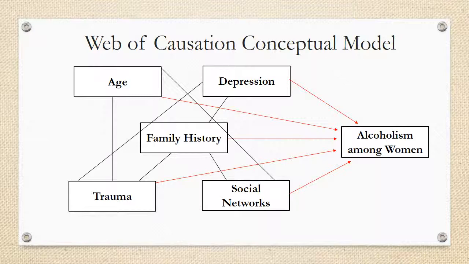And then I have depression and trauma linked to one another. Trauma may lead to depression later in life, which may lead to alcoholism later in life as well. So as we can see, all 5 of these determinants can intercorrelate with one another and can also all be directly linked to alcoholism among women.